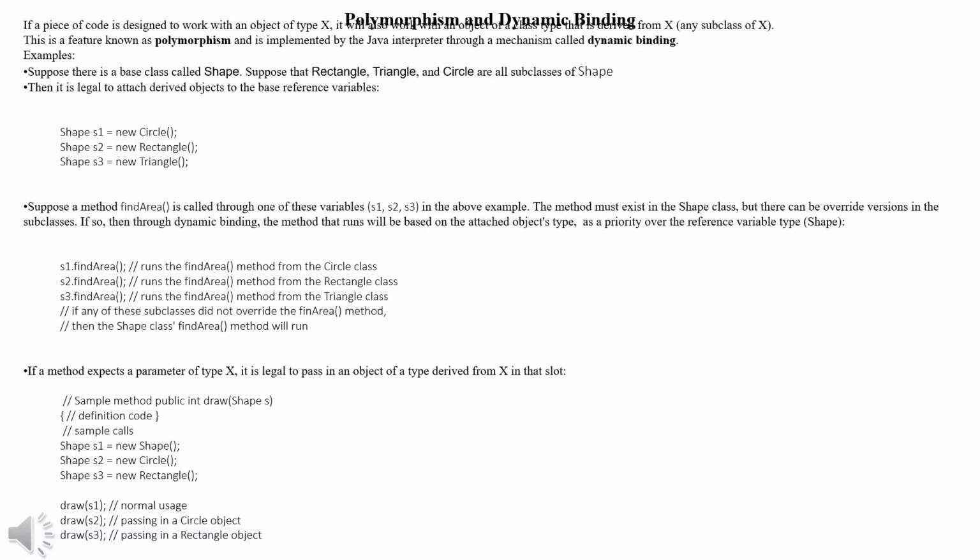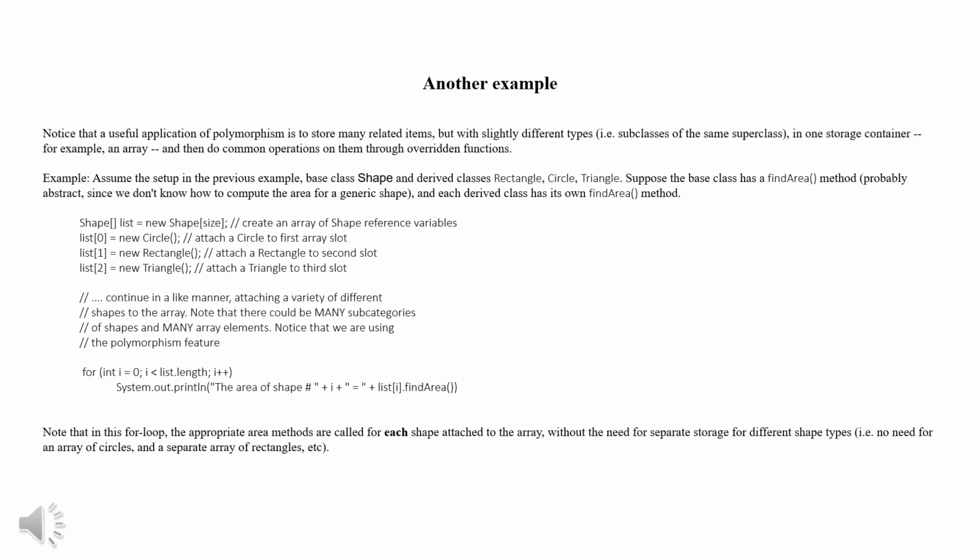As you see, s2 is a Circle object, right? draw(s3) will run the method draw by passing s3 as the input parameter. As you see, s3 is a Rectangle object. Okay, now you know what polymorphism means, right?